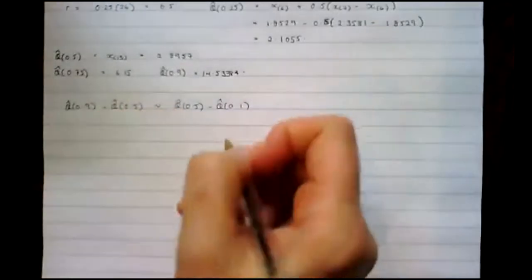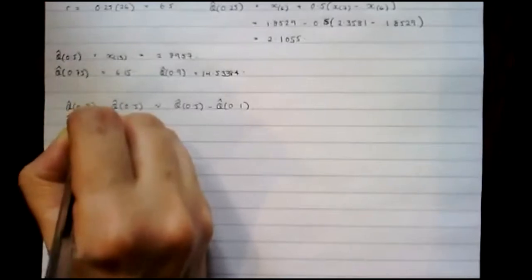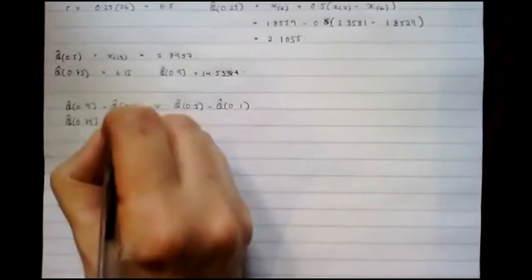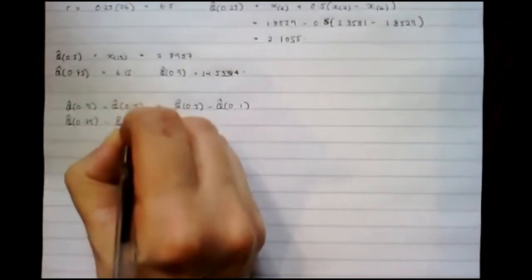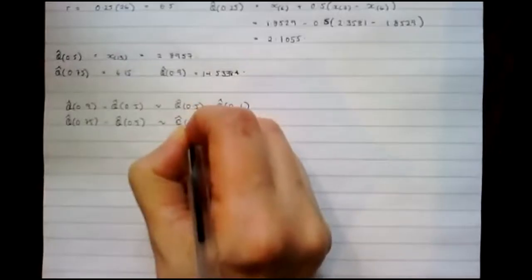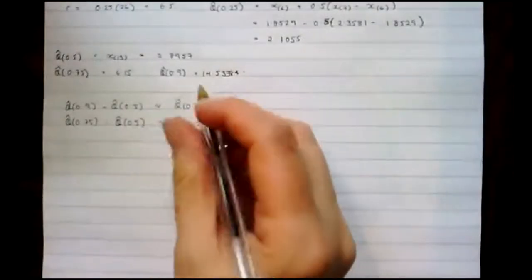So we would expect the difference between the 75th and the median to be approximately the same as the distance between the median and the 25th, so that there's the same amount of information either side of the median.